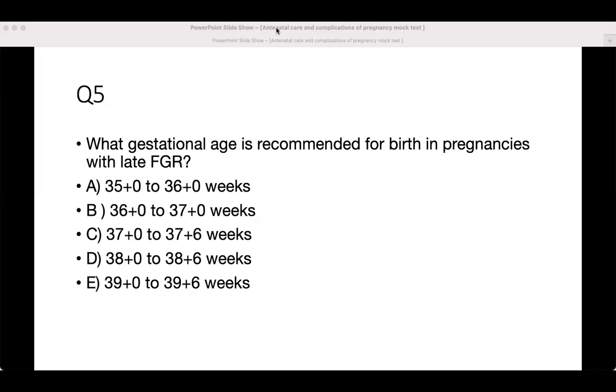Okay? Remember, this guideline, my dear friends, has stressed the difference between the definitions of late FGR and early FGR, because this makes a very big difference in the plan for delivery, okay? Correct? Okay, so the answer is from 37 to 37 plus 6.